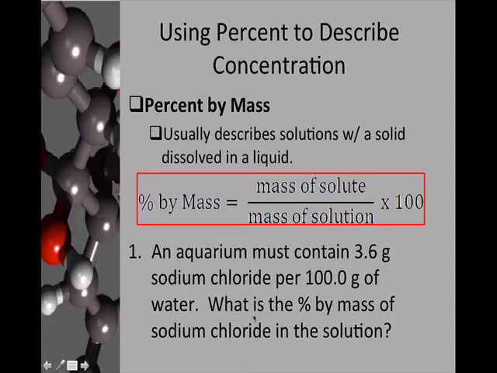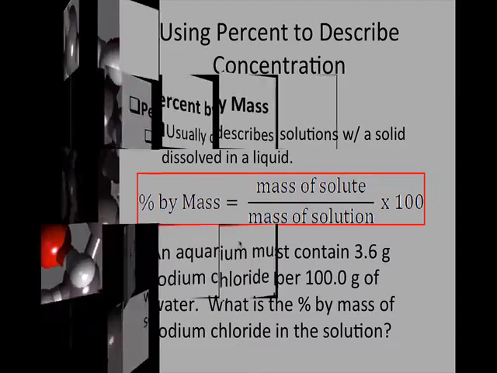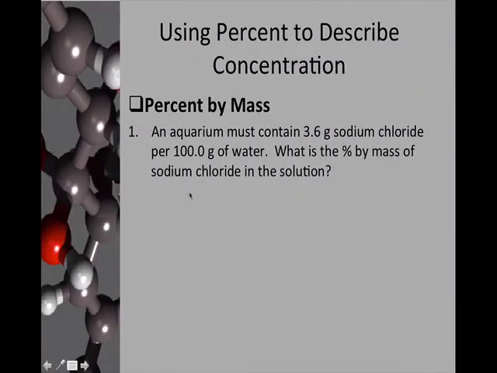And here's the question that we're going to answer. I'm going to go to the next page where I have a little more room. It says an aquarium must contain 3.6 grams of sodium chloride per 100 grams of water. What is the percent by mass of sodium chloride in the solution? So the solute is the sodium chloride, and that number is going to go on top.